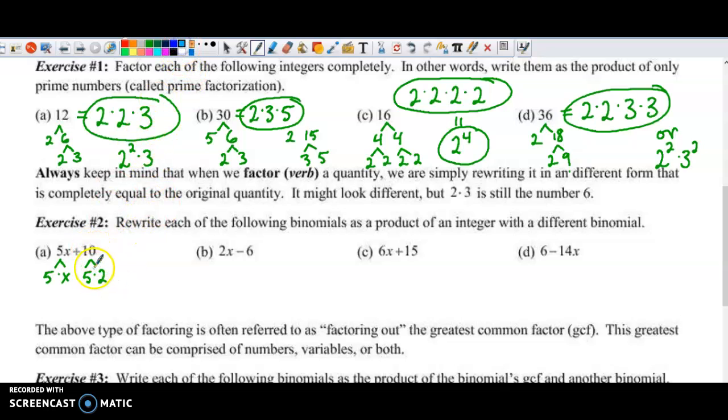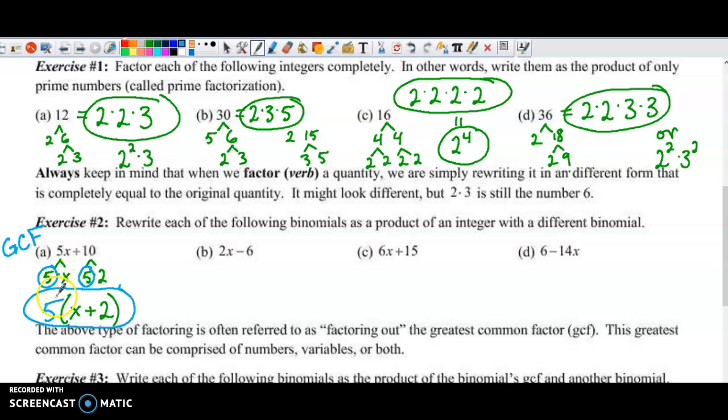The reason why I'm bringing this to your attention is when you have a common factor, you can actually bring that number that's common in front, and then the things I did not circle, the x and the 2, stay inside the parentheses. And this is how we can do what is called the greatest common factor, GCF.